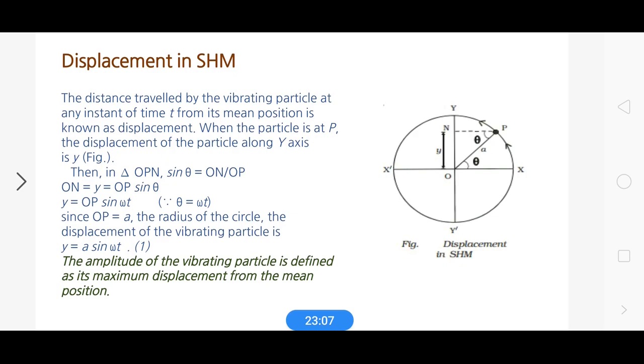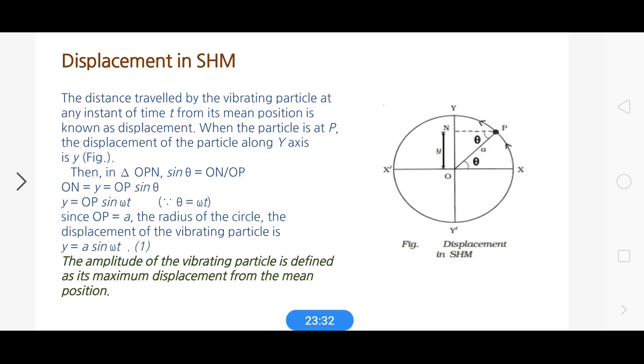That means the displacement of the foot of the perpendicular from the mean position is y. Here the particle is moving in the circular path, but the foot of the perpendicular is only executing SHM. So I am concentrating on the movement or position of the foot of the perpendicular only.